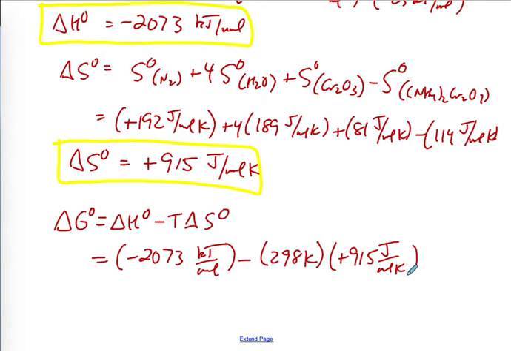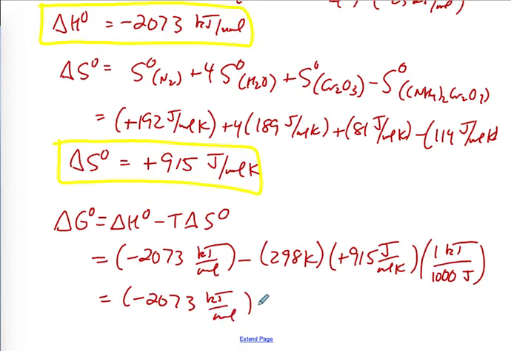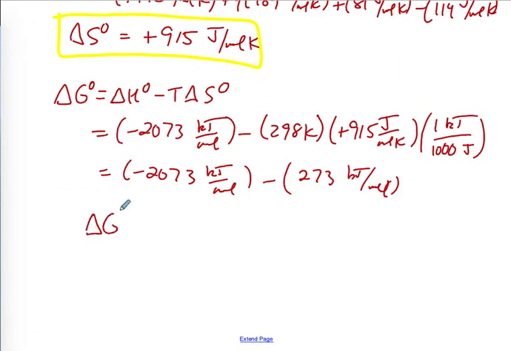So we're going to have to change the unit on delta S naught from joules per mole Kelvin to kilojoules per mole Kelvin by multiplying by 1,000 kilojoules per joule. That gives us negative 2,073 kilojoules per mole minus 273 kilojoules per mole, or a standard free energy change of negative 2,346 kilojoules per mole.